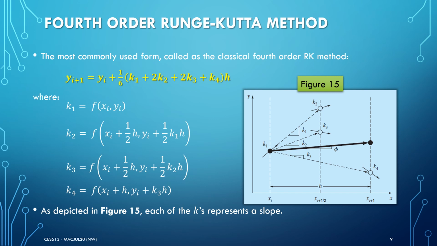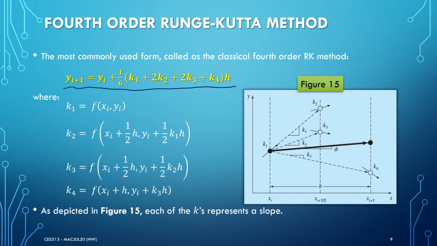The general form is y i plus 1 equal to y i plus 1 over 6 in brackets k1 plus 2 k2 plus 2 k3 plus k4, multiplied by h, the step size.